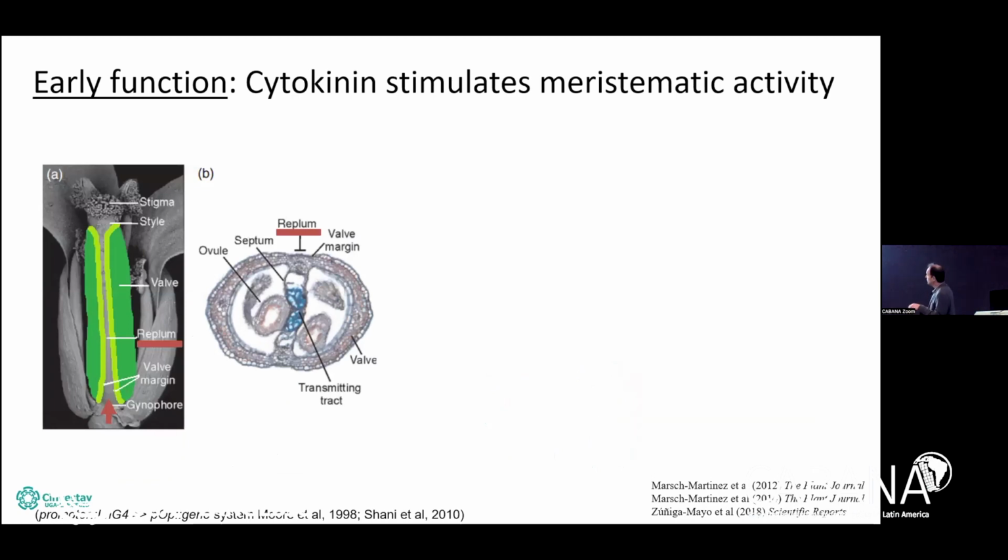And one structure, so here we have artificially colored the gynoecium. So this is a transverse section. So we cut it, let's say, in half. I just want to mention one structure, which is called a replum, with this red bar. That's actually this tissue, which is in between the two valves of the gynoecium. Now, Arabidopsis has a gynoecium that we can compare to beans, for instance.